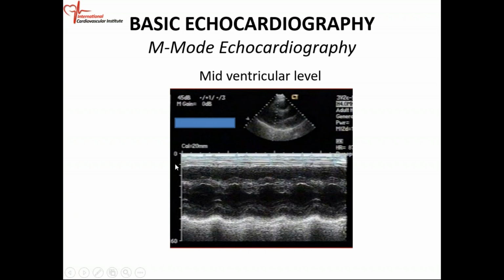So this is 2, 20, 40, 60, 80, 100, 120, 140, 160. So it's 160 millimeters, and each of these markings is 20 millimeters. On the vertical axis, you have distance, and on the horizontal axis, you have time.